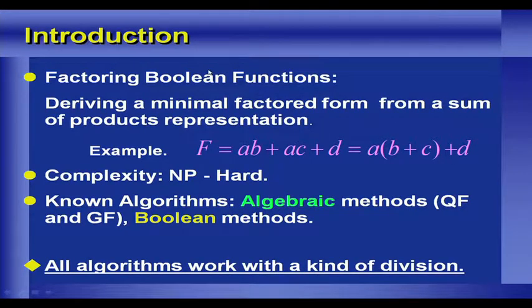So here we have our introduction. Remember that factoring Boolean functions will be to derive a minimal factored form, that is, as squeezed as possible, from, let's say, an input of sum of products. Here's an example that is a read-once function that we saw yesterday. If this is the original input, then it can be factored into something shorter.